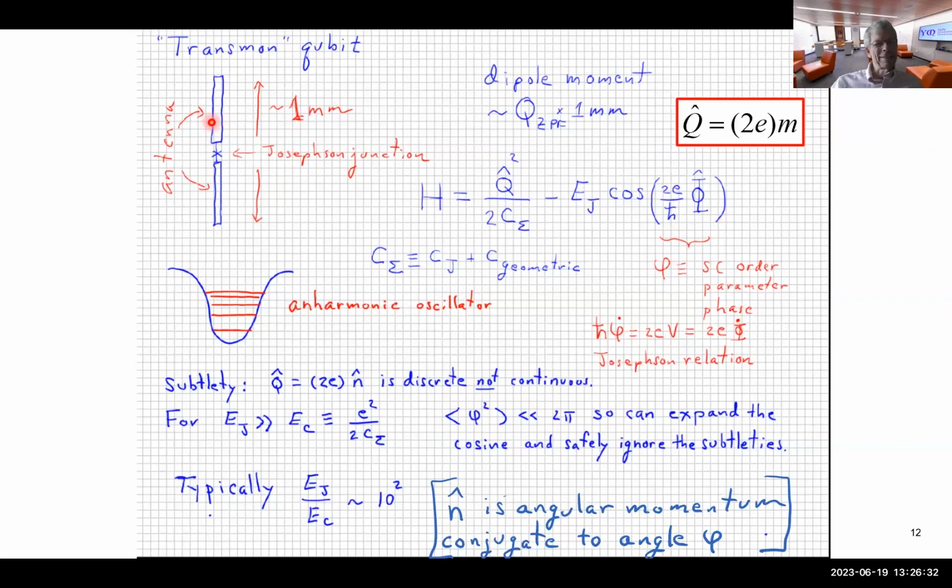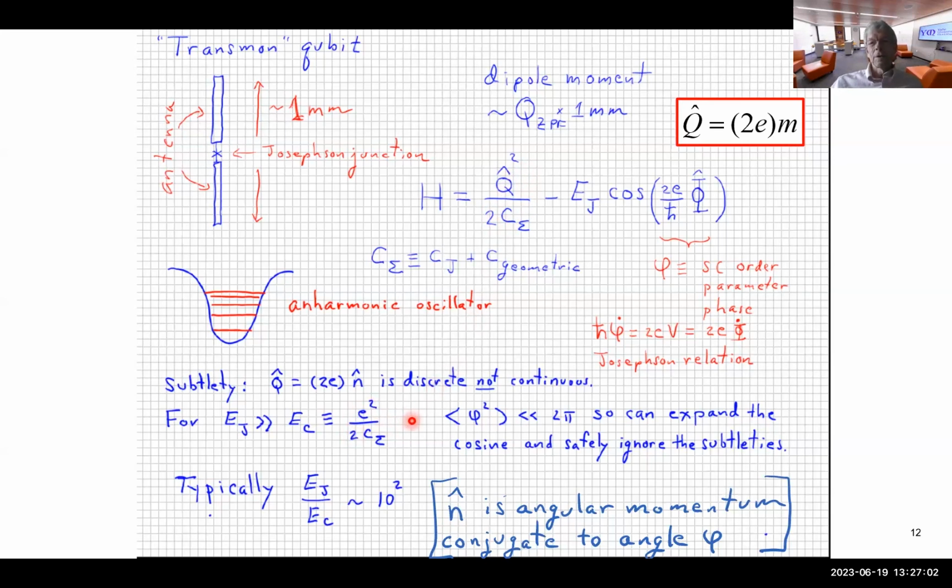It's the phase difference of the order parameter in the two macroscopic pieces of superconductor there. Typically, we're going to operate in the so-called transmon regime, where the Josephson energy is 100 times or more bigger than the charging energy, the energy of this term when you have a single electron.